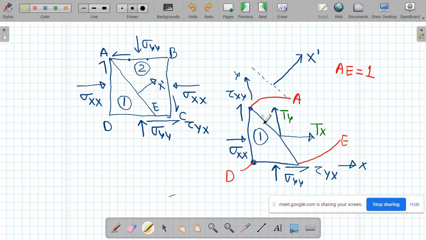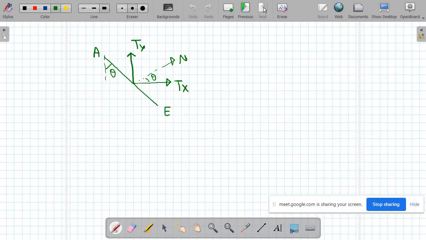So we will just find out, these are the stresses. First we will calculate what will be the force in this direction, the x direction. So for that we should have the length of AD. AD is nothing but cos theta, because this is theta, and this segment will be sin theta, as we discussed in the previous class.